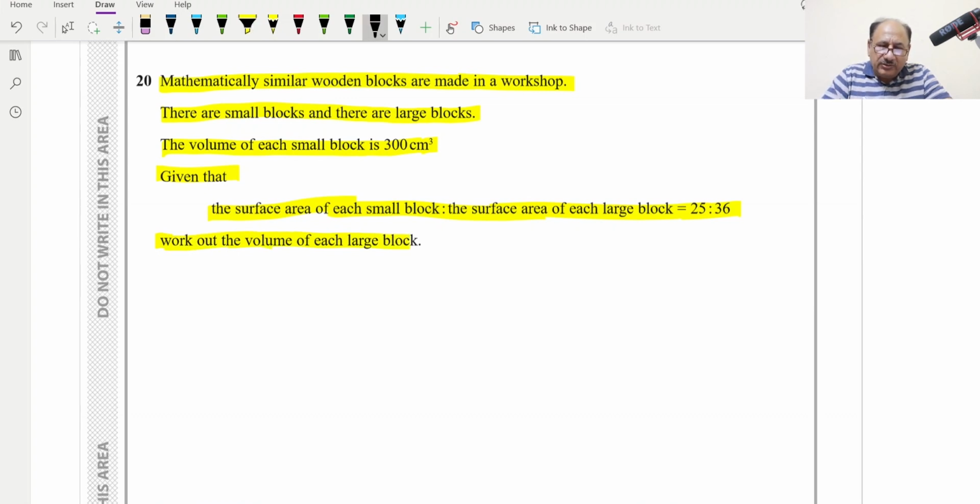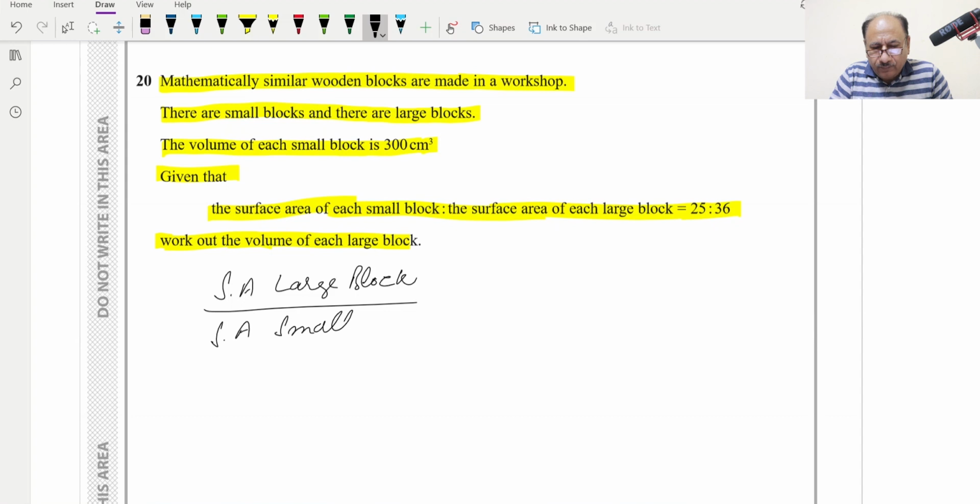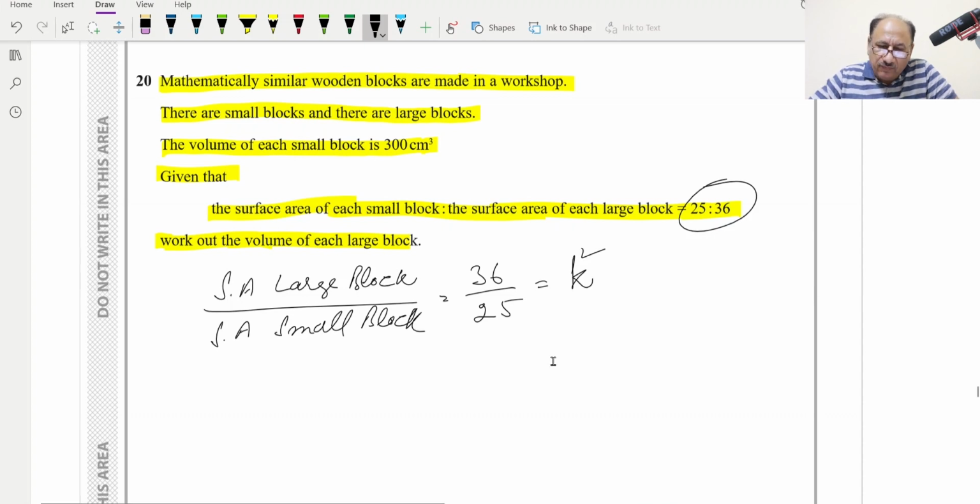So we will calculate the surface area ratio, and we can write surface area of large block divided by surface area of small block is equal to 36 over 25. This is the ratio provided, and this is the k squared value which we are taking for surface area.